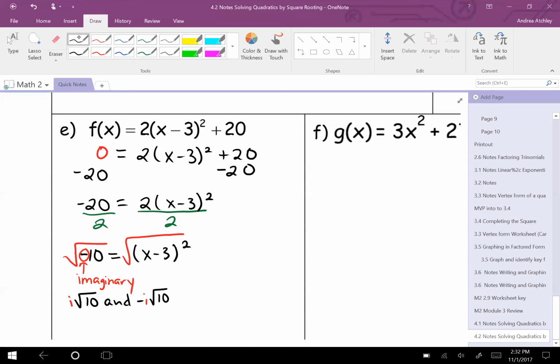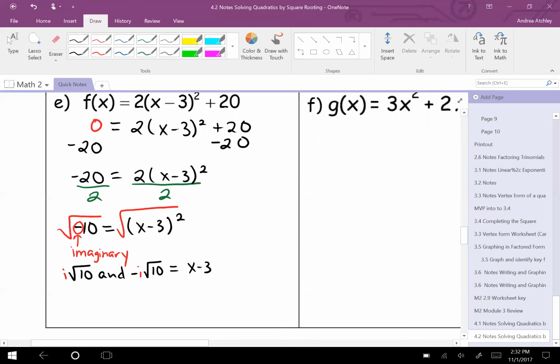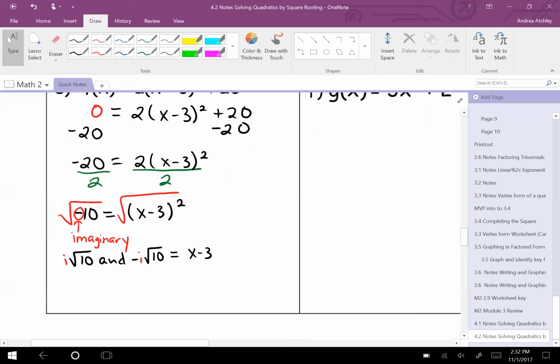And that equals the x minus 3. So then I'm going to add the 3 to both sides. And I'm going to get x equals 3 plus i radical 10 and 3 minus i radical 10.